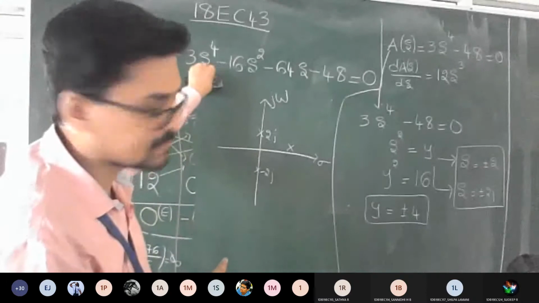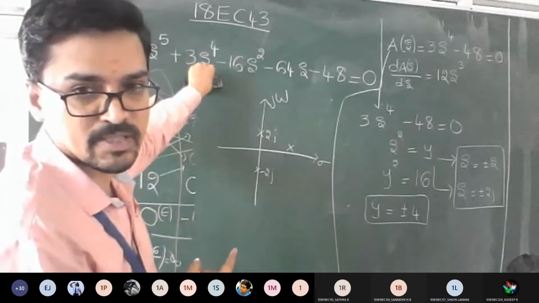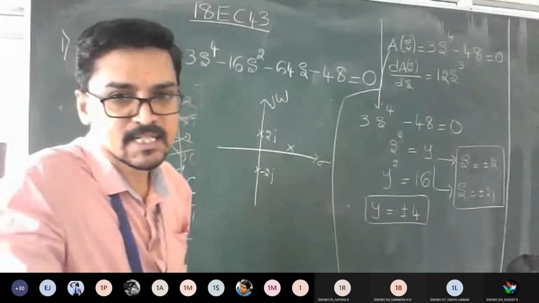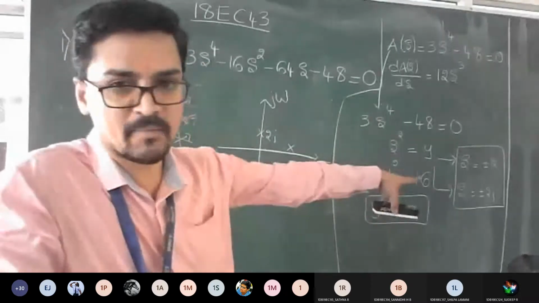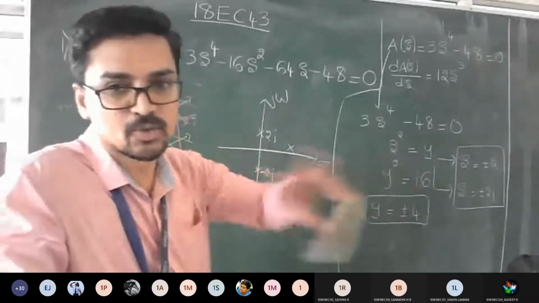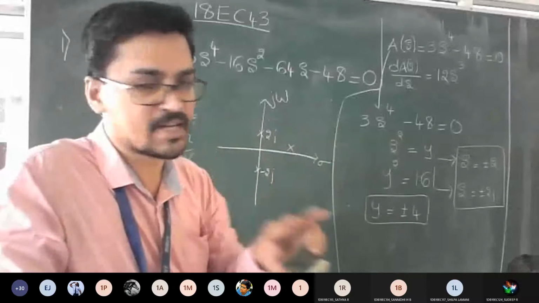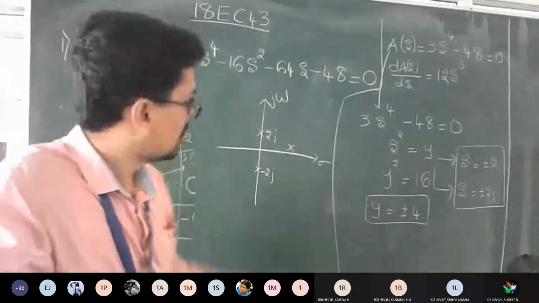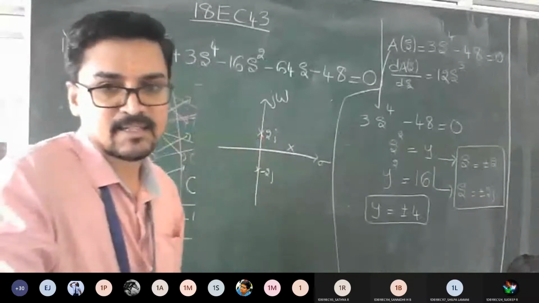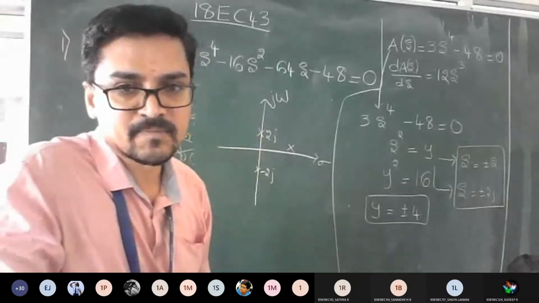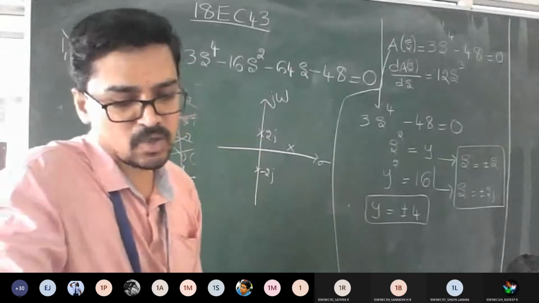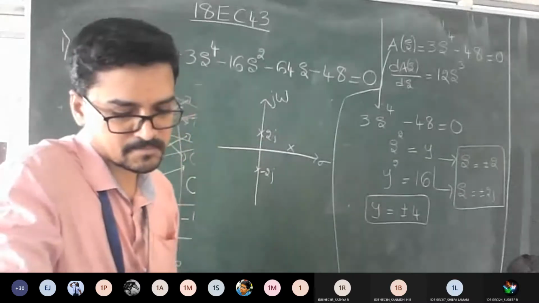Negative I will teach you next. Is it okay? Shall we proceed? Just make a note: since s equal to plus or minus 2j are the two roots, we have two roots on the imaginary axis, which is nothing but zero real part.